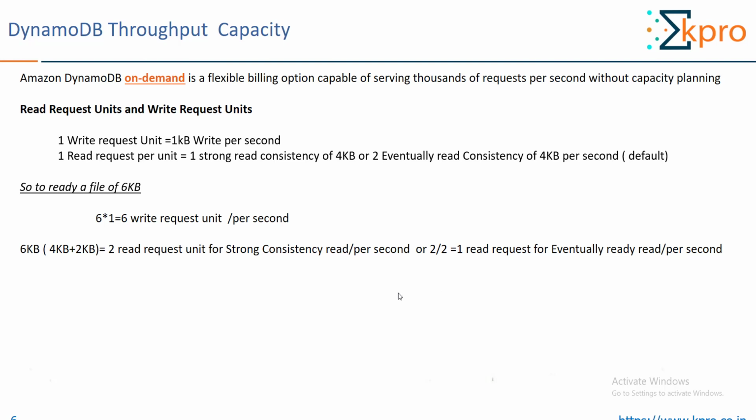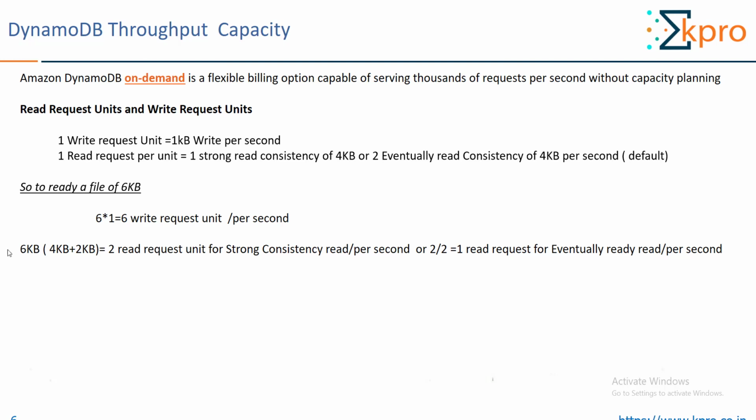In my previous video, I already explained DynamoDB in the introduction of AWS databases. In DynamoDB, writing is costly and reading is cheaper. Suppose one read request unit is equal to $1 and one write request unit is also $1.